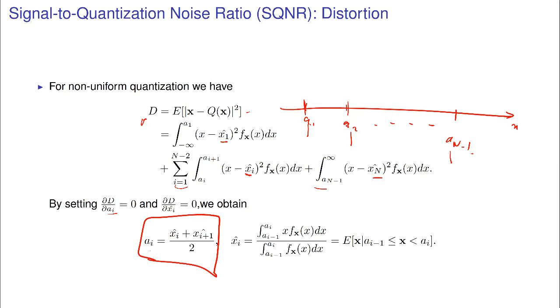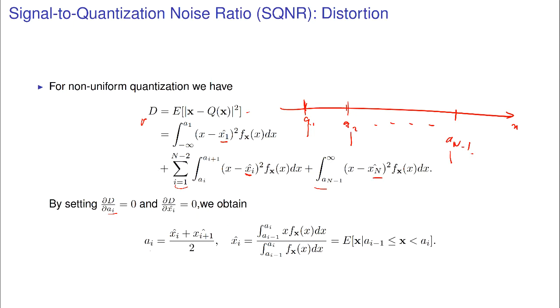So if you have already calculated x hat 1 and x hat 2, a1 is just the average of the two. And now, if you calculate the derivative with respect to the quantized values, you find that the quantized value in each region is basically given by this integral. And this integral is nothing more than the conditional expected value of x, given that x is in that region.